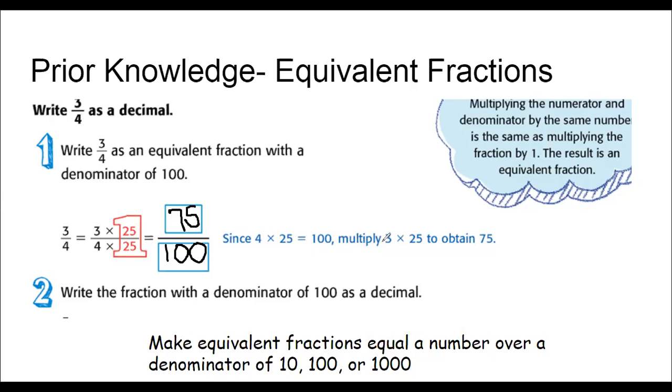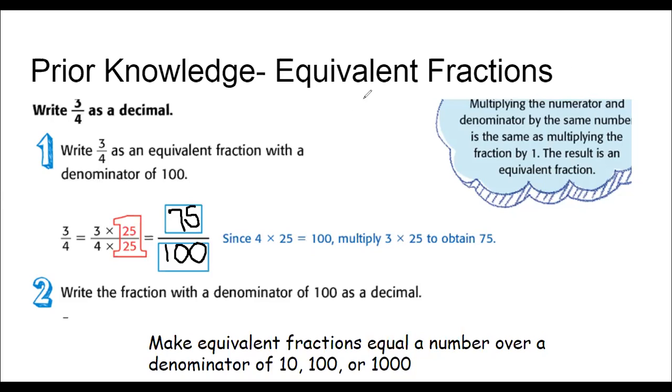Think about a dollar. A dollar equals 4 quarters, and the value of those quarters is 25 cents. So 3/4 equals 75. So we're showing in an equivalent way that 3/4 equals 75 cents out of $1.